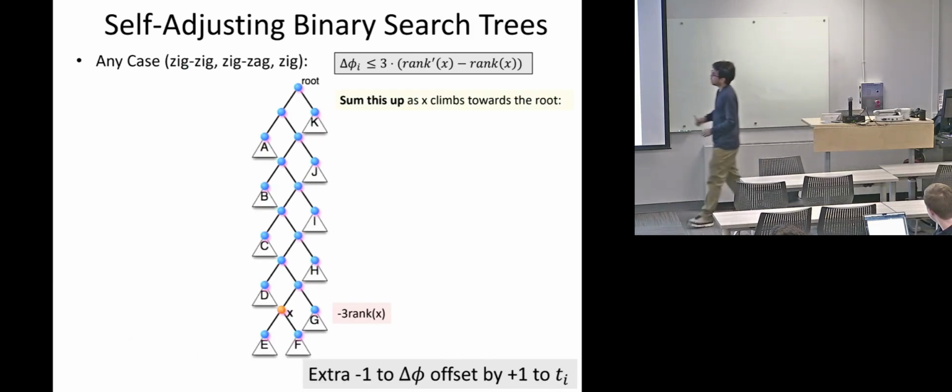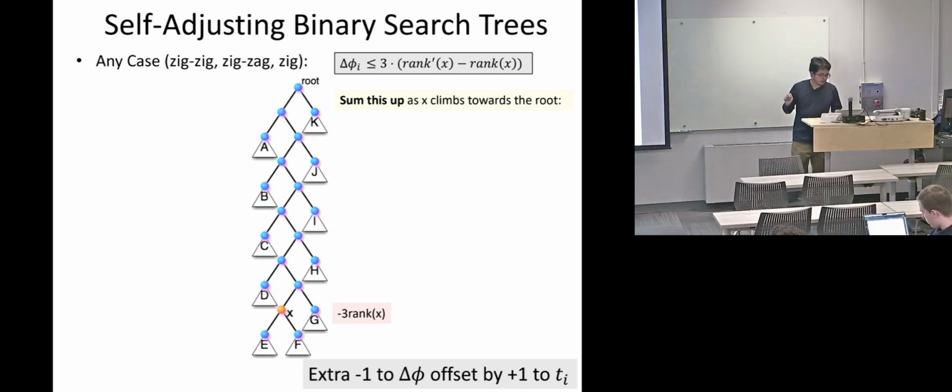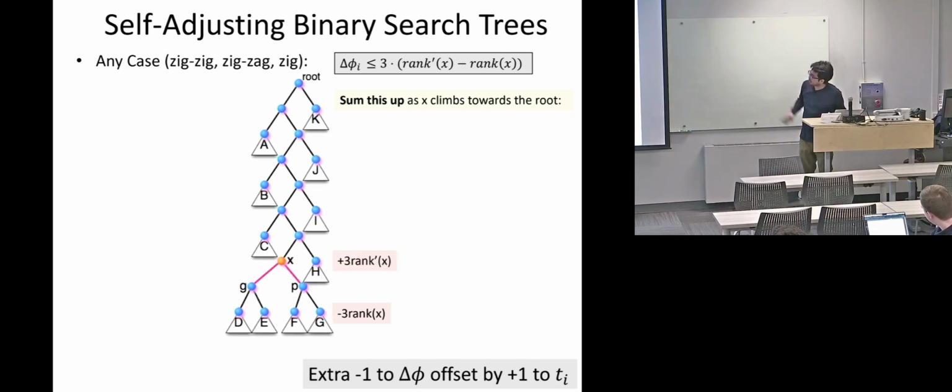Because now imagine when you do the whole splay. When you do one zigzag, the change in potential is increased by this much, decreased by this much, and you get minus 1. That minus 1 compensates to pay for performing the zigzag or zig-zig.